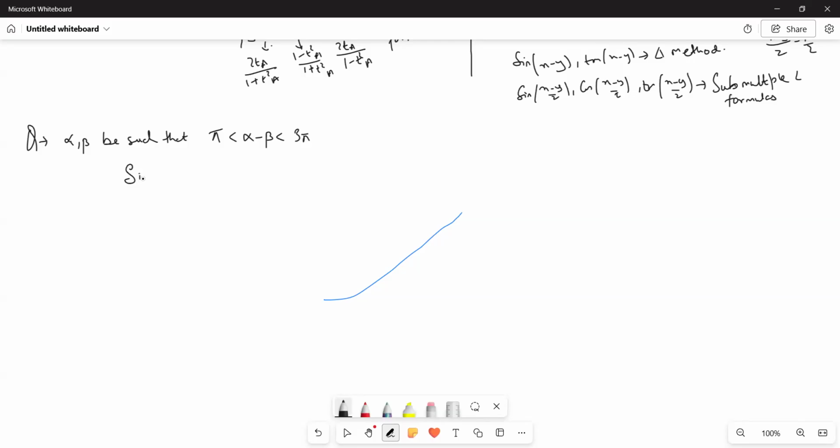Okay. Now, if sine of alpha plus sine of beta is minus 21 by 65 and cos alpha plus cos beta is minus 27 by 65, find cos of alpha minus beta by 2.